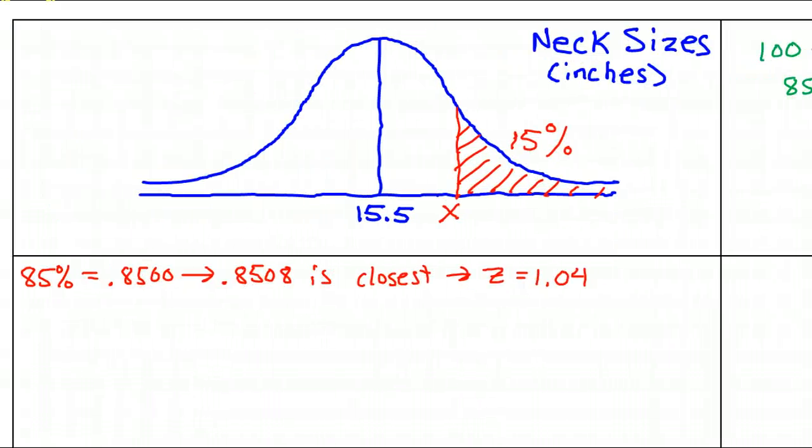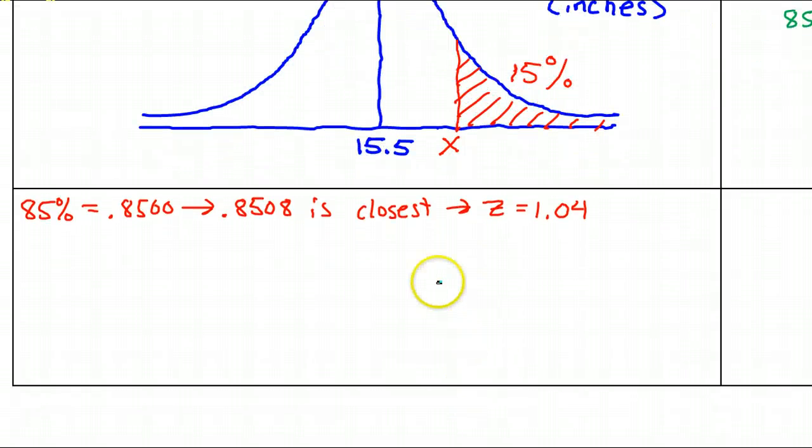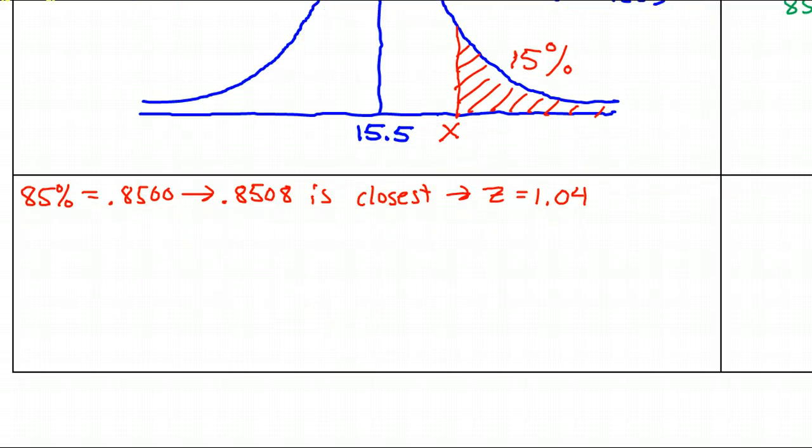Now with that z-score, I can now find x. I can find the next size using the formula. I feel like switching colors back. So, of course, the formula is that the z-score is equal to the x value minus the mean divided by the standard deviation.